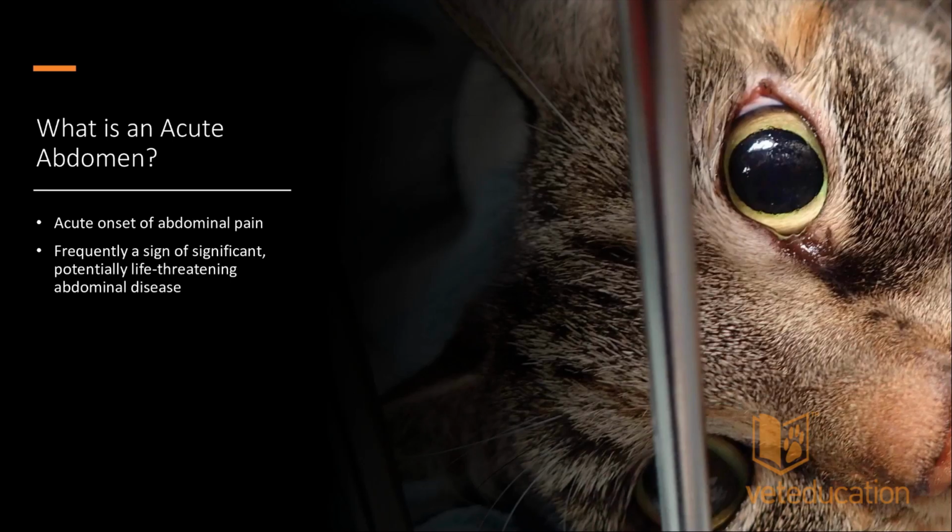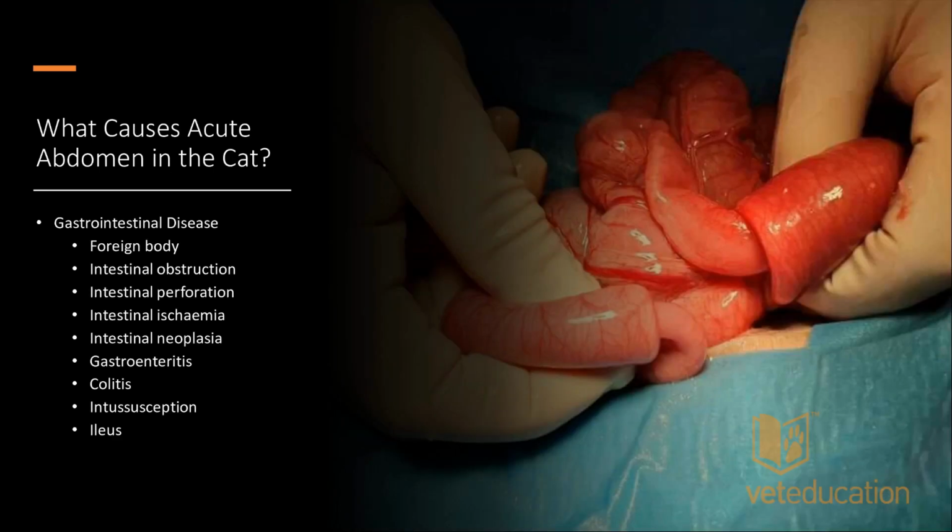And so the actual term acute abdomen, while it refers to acute abdominal pain in the dog and indeed in people, in cats we really want to think about the acute abdomen as an acute onset of significant, potentially life-threatening abdominal disease that may or may not give rise to the presence of abdominal pain. And we're going to talk about that in a lot more detail as we progress through the session tonight.